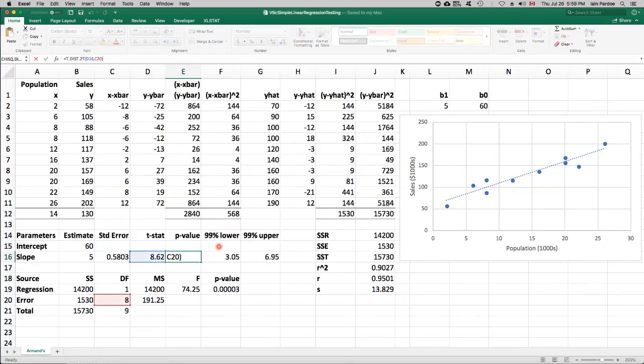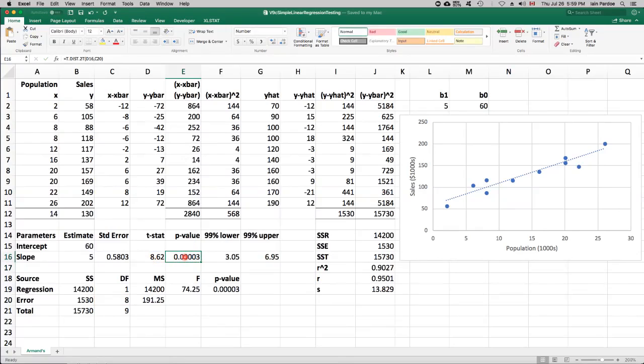So a t-distribution with 8 degrees of freedom has a two-tail p-value corresponding to 8.62 of 0.00003, pretty small. That's because this t-statistic is way out in the tail. For a significance level of 0.05, for example, this p-value is a lot smaller than 0.05.